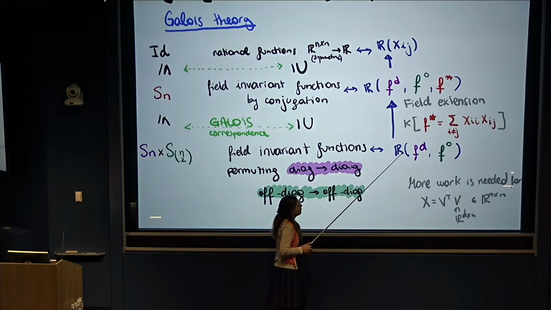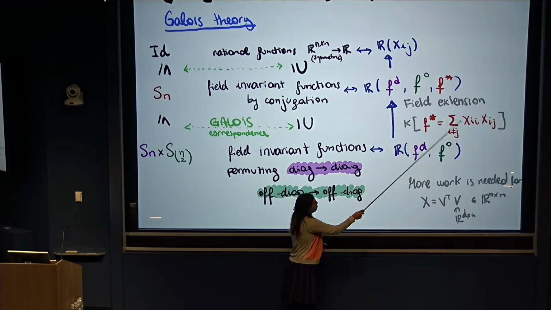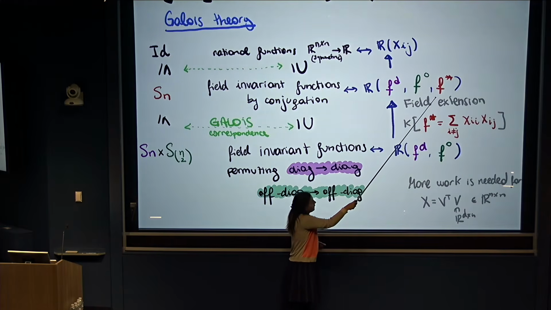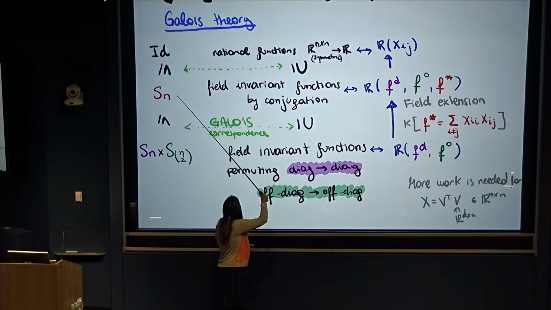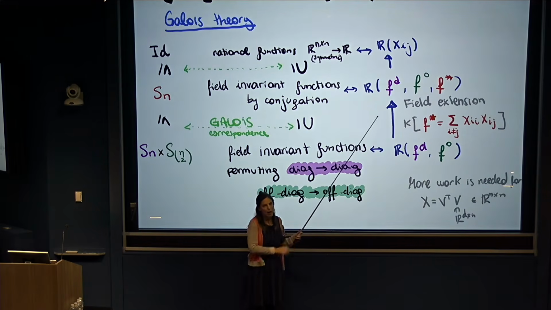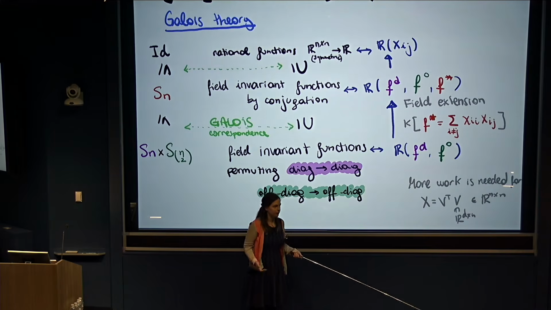And so if I consider the field extension that takes the base field and adds this extra polynomial, then the field that we obtain is the field of invariant functions for the group S_n that we cared about. So with this, we have field generators, and we can separate almost every pair of orbits.